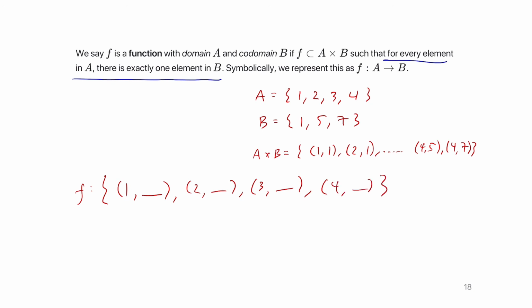Because what we're saying is that for every single element in A, there has to be exactly one output. So you can think of A as your set of inputs, and B as your set of outputs. And you can think of this as just being the condition that for every input, there's exactly one output.